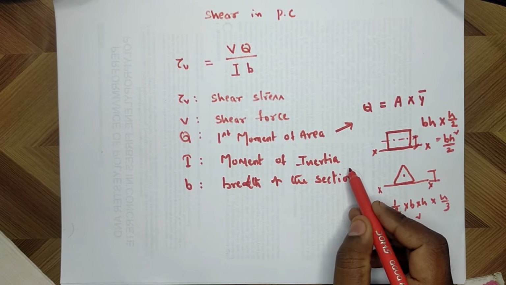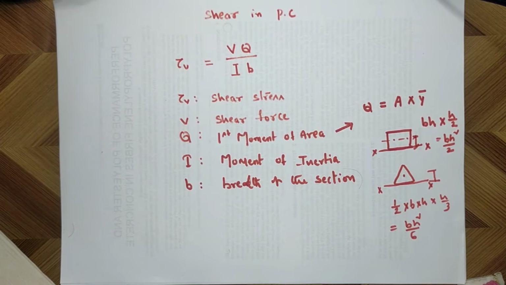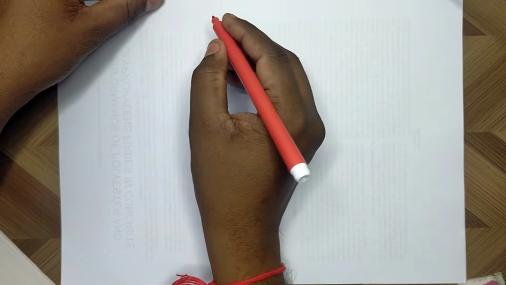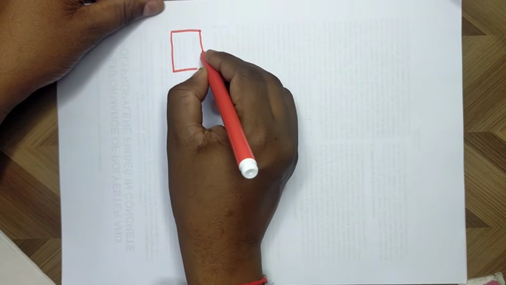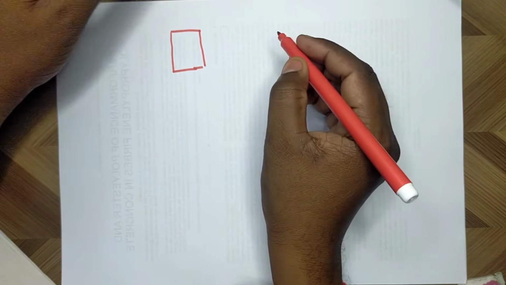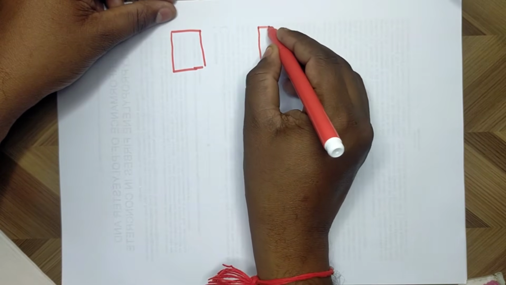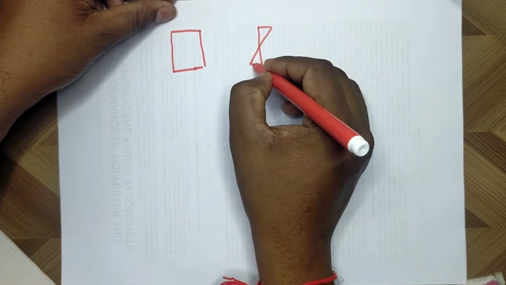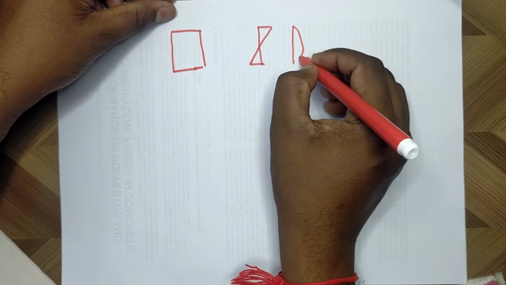Already we know how to determine the moment of inertia, and B means the breadth of the section. As we discussed in the earlier video, in a beam there will be a variation in normal stresses and shear stresses as well.